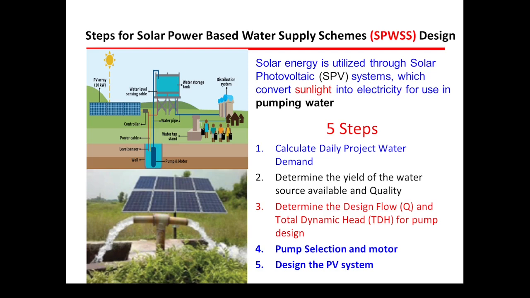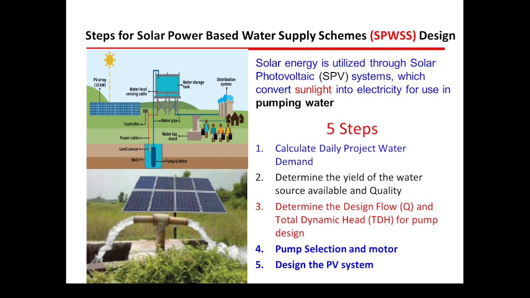So we use this PV array, which converts the sunlight into electricity, and that electricity is used for pumping water. So my friend, there are 5 steps.